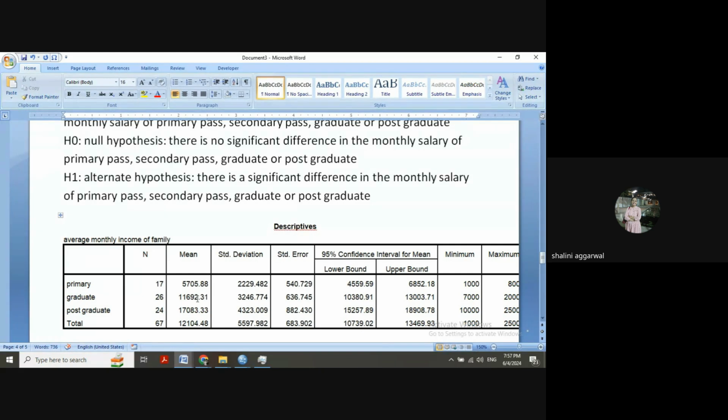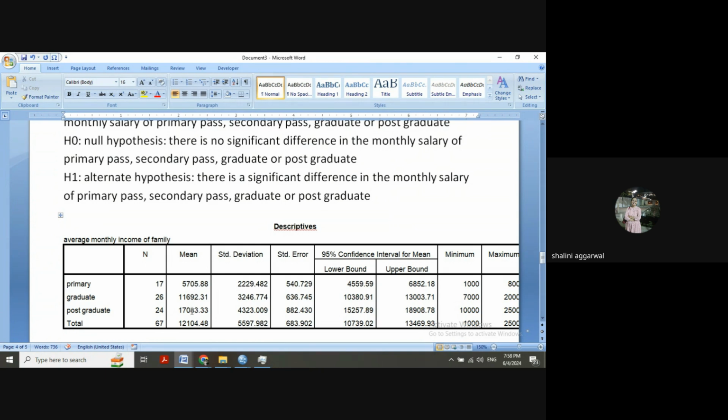You can see this here as well. You can see the mean value. There is a significant difference in the mean value as well. Can you see the mean value of the primary person is 5705. This is the mean value of the salary of the primary pass person. Look at this. And graduate is 11,000 and postgraduate is 17083. So it is getting higher, higher, and higher.